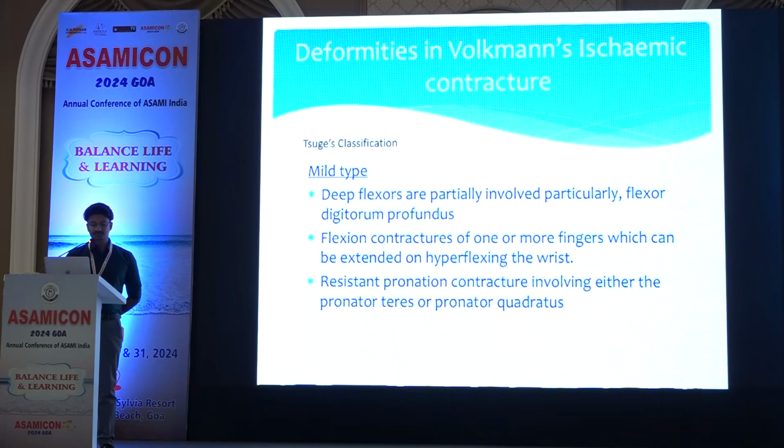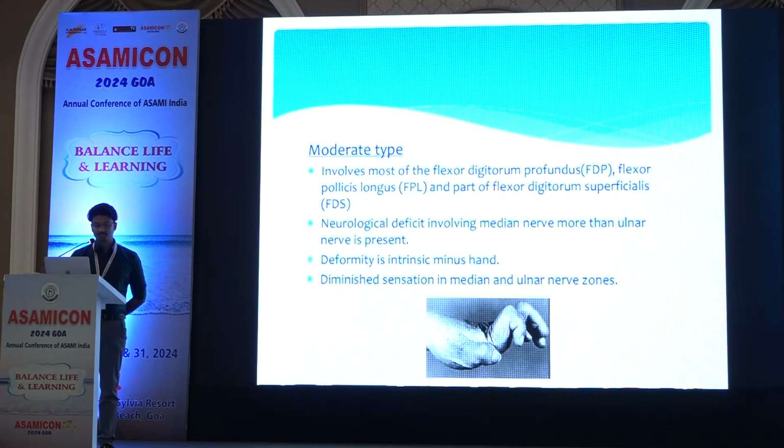This is the classification given by Tsuge, wherein in the mild type there is involvement of flexor digitorum profundus and flexion contracture of one or more fingers, which can be extended on hyperflexing the wrist. There is resistant pronation involving either the pronator teres or pronator quadratus. In the moderate type, there is involvement of flexor digitorum profundus, flexor pollicis longus, and part of flexor digitorum superficialis.